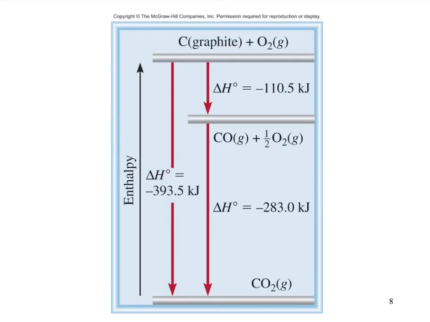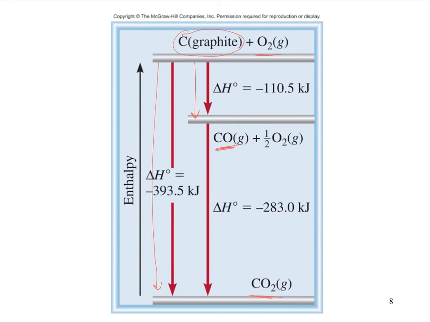So here is a slide to show the overall process. If you burn carbon graphite in oxygen, it can go all the way through to carbon dioxide. It's hard to do, but theoretically we can get halfway to produce carbon monoxide.